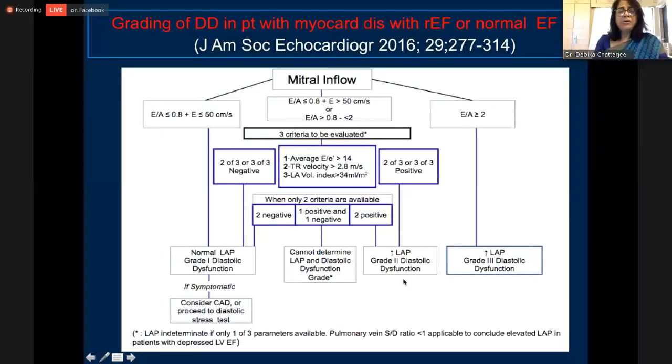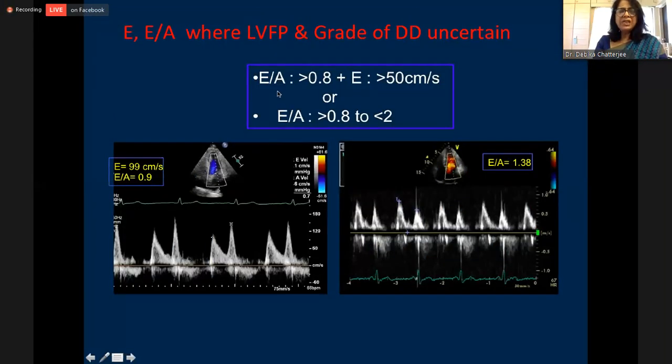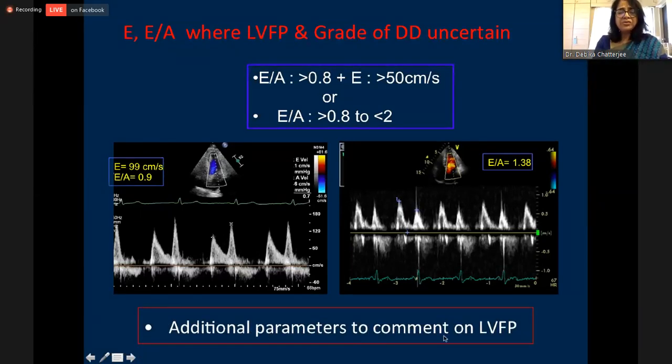Now, if it is in this middle arm where we get this type of pattern, E by A more than 0.8, as in this case, plus E velocity more than 50 centimeter per second, or E/A ratio falls between 0.8 to less than 2, then we cannot say about the LV filling pressure or the grading of diastolic dysfunction in these two patterns by looking at the E/A velocity or the ratio, and we need additional parameters to comment on the LV filling pressure.